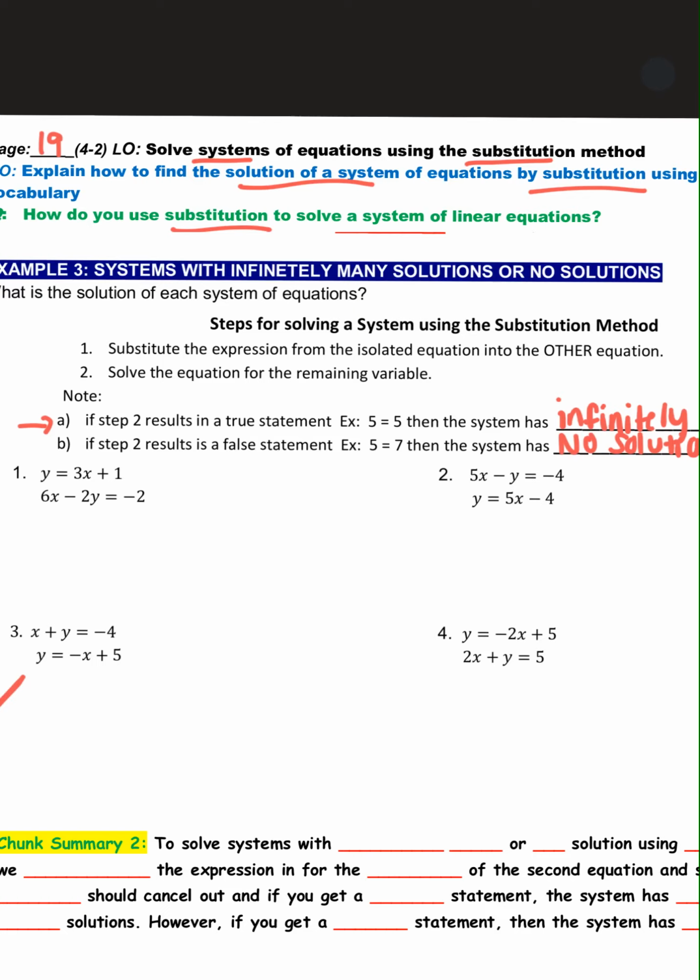So from yesterday's video, I know to take the equation with the isolated variable, which in this case is y, because y is by itself, and I know that y equals 3x plus 1. So when I come to the second equation here, instead of writing y, I'm going to write 3x plus 1. Everything else is going to stay the same.